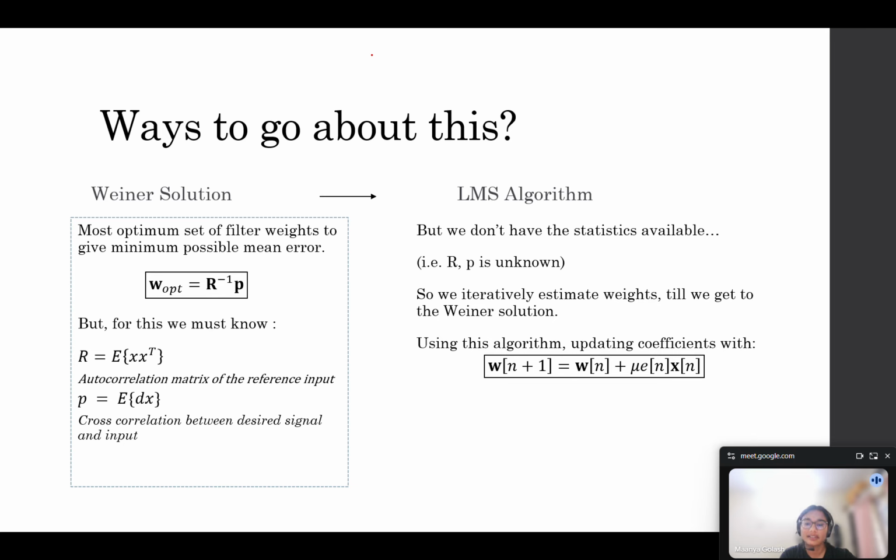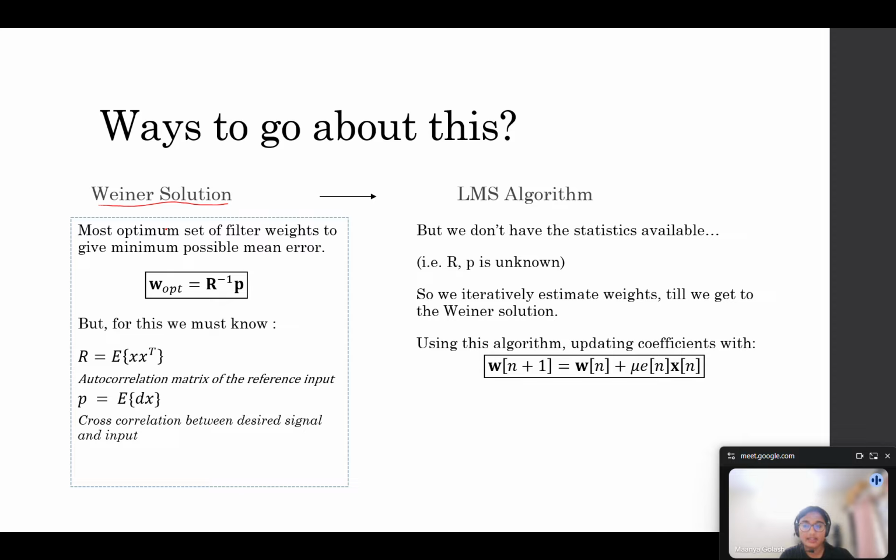Going in further detail, mathematically, there is a way to go about this. This is known as the Wiener solution. This is a theoretical solution which tells you the most optimum set of filter weights that give you the minimum possible error.